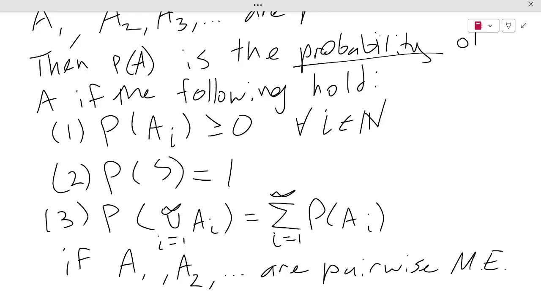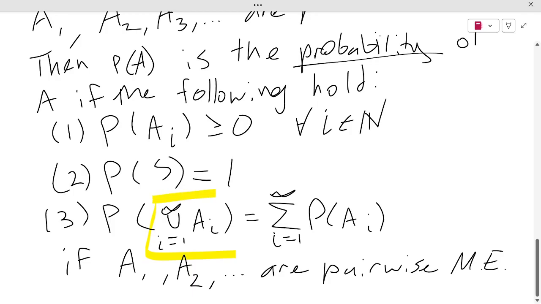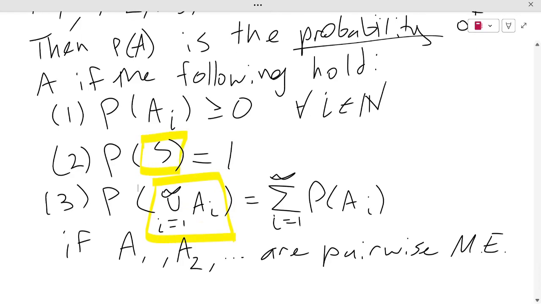But this is an interesting and important result because this says if we can take elementary events, so it's just one specific outcome within the event, we can add all the probabilities up and they should sum to 1 because the union of all elementary events should turn out to be the sample space.